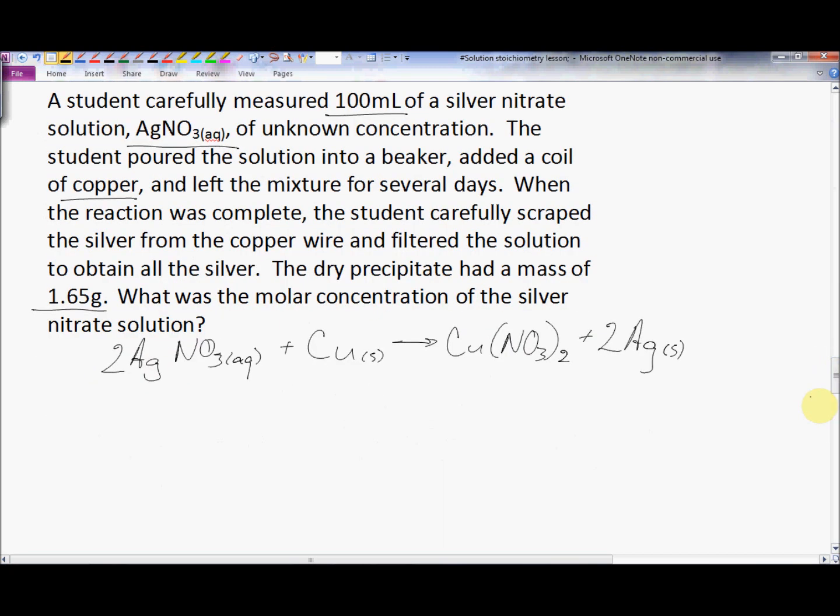Okay, so step one, as you may recall, is converting the given amount into moles. So we have 1.65 grams of silver. To find the number of moles, we're going to take the mass divided by the molar mass. This is for silver.